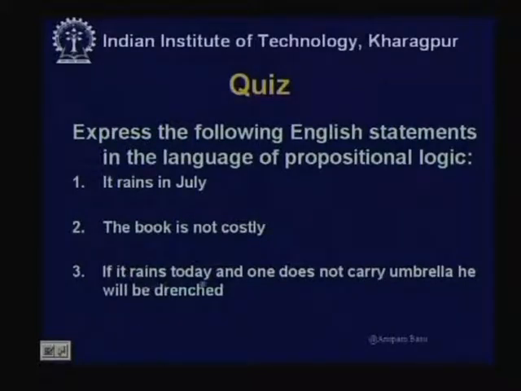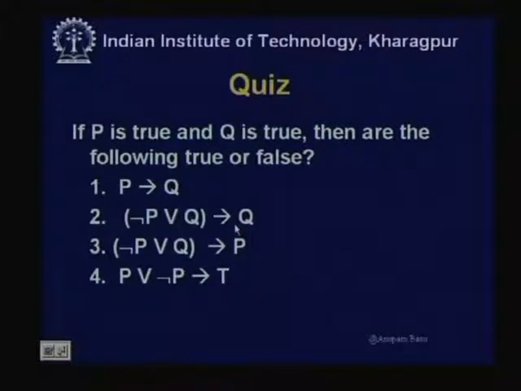Now, you can see here, this one is a compound proposition. It will require some compound propositions, and these are simple propositions, but here again you will need some logical operators. You just find out what it is. And the second part is, if P is true and Q is true, then are the following true or false?